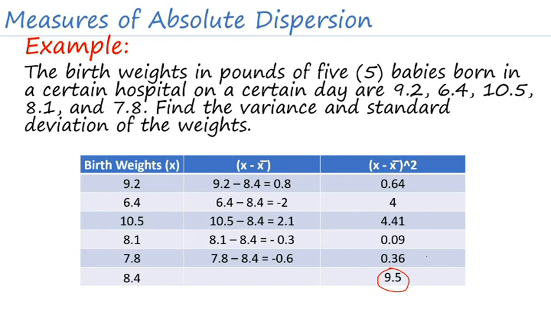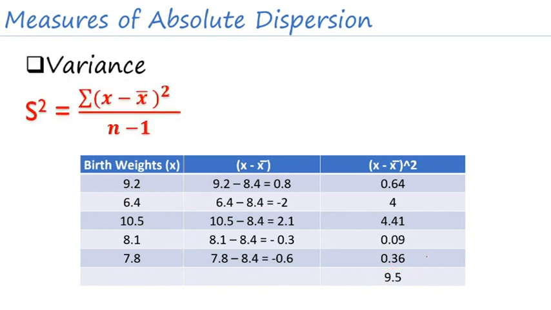Now, it is easy for us to determine the variance kasi given na yung ating mga values. So, the variance is just equal to this formula. Okay, apply lang natin, substitute lang natin yung values natin. This is already the summation, kung naalala nyo yun sa ginawa natin kanina. So, meron na tayong numerator at meron na rin agad tayong denominator. This is just equal to 9.5 divided by n minus 1, and n minus 1 is 5 minus 1.